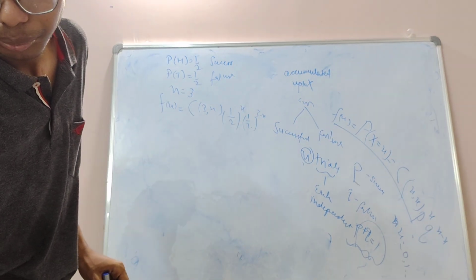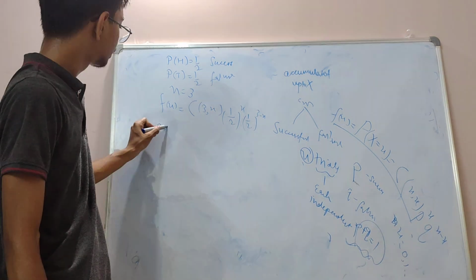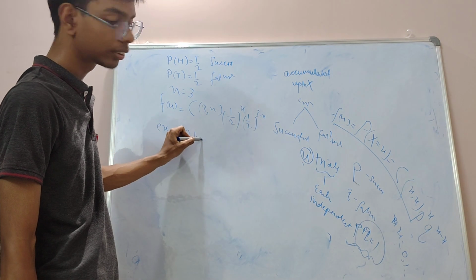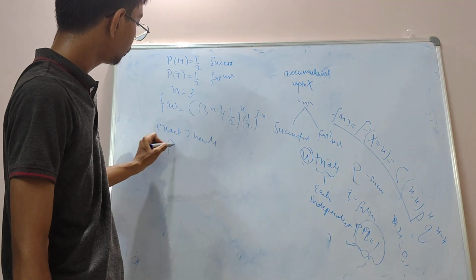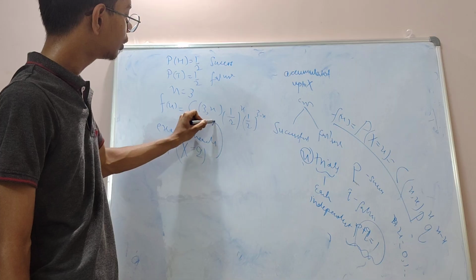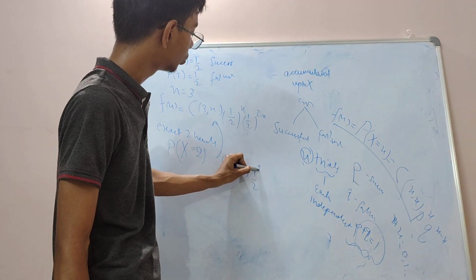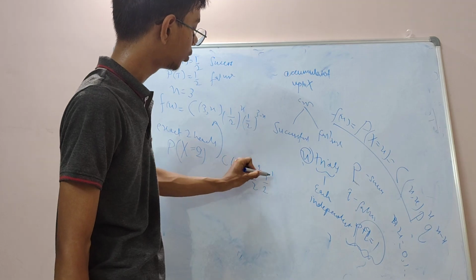For exactly 2 heads, the random variable x will be 2, so I replace x with 2: C(3, 2) (1/2)^2 (1/2)^1.